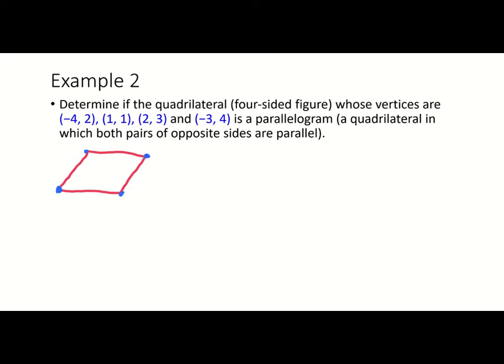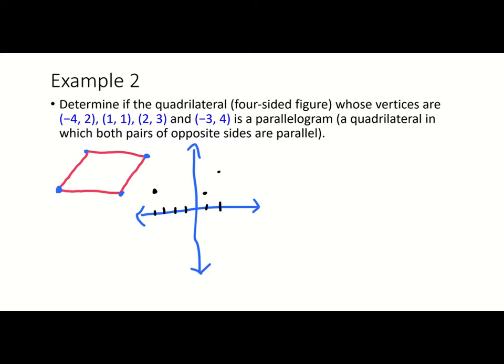So really what we need to do first is roughly sketch our quadrilateral so we can see it. We have (-4, 2), so 1, 2, 3, 4, and 1, 2, right there. (1, 1) would be right there. (2, 3), right there.